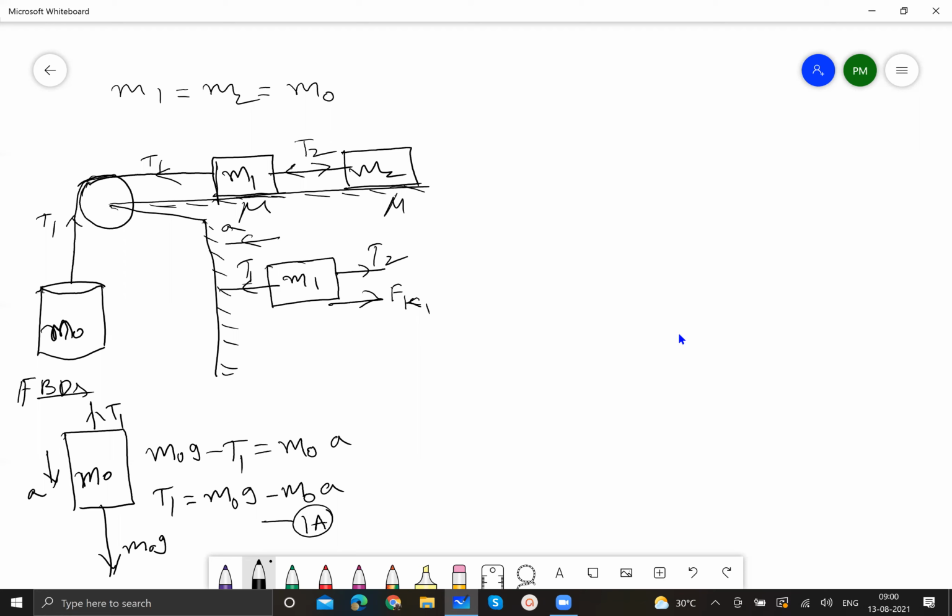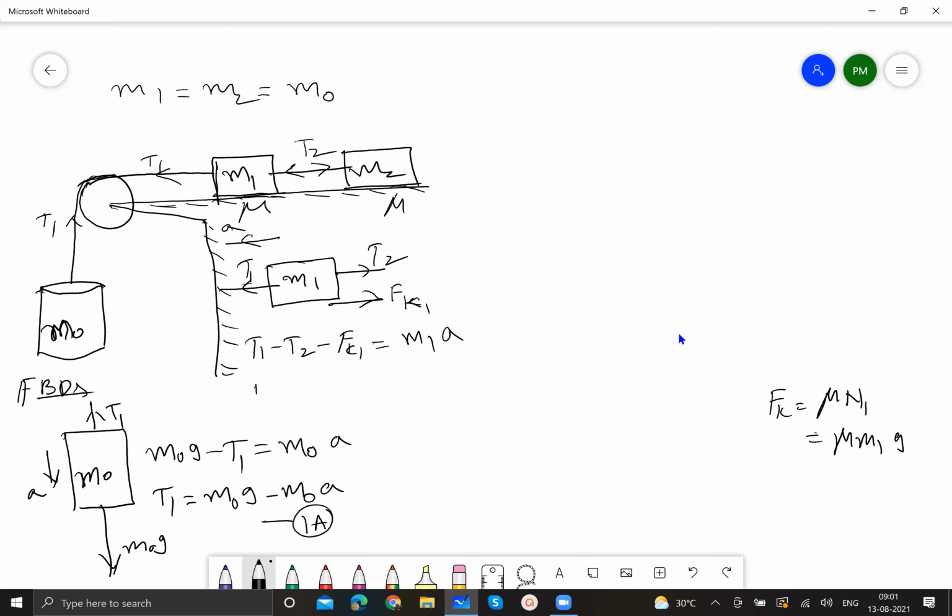You know very well, on a horizontal surface, Fk is equal to mu into N1. N1 is, of course, the normal reaction, mu into M1 into G. So T1 and T2 are acting in opposite directions. Even Fk1 also is acting in opposite direction. Therefore, the accelerating force on M1, T1 minus T2 minus Fk1 should be equal to M1A.